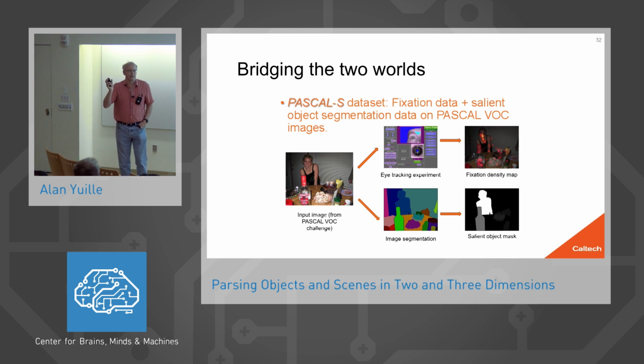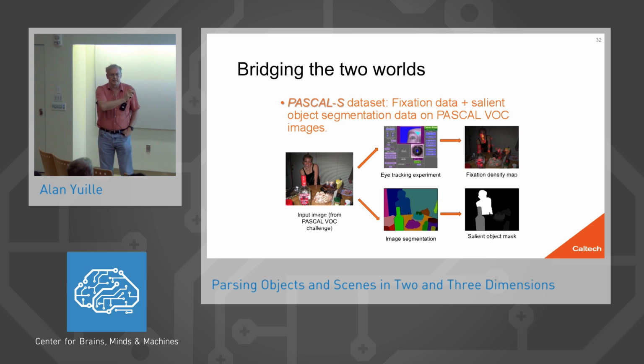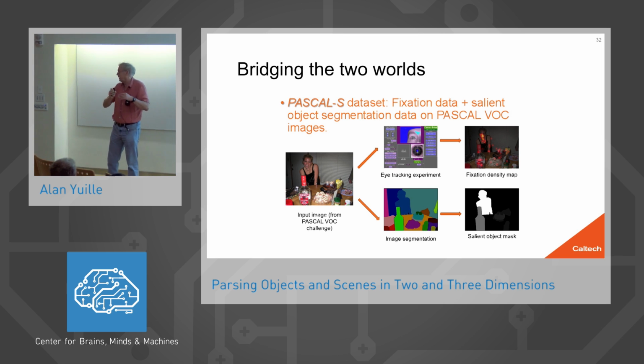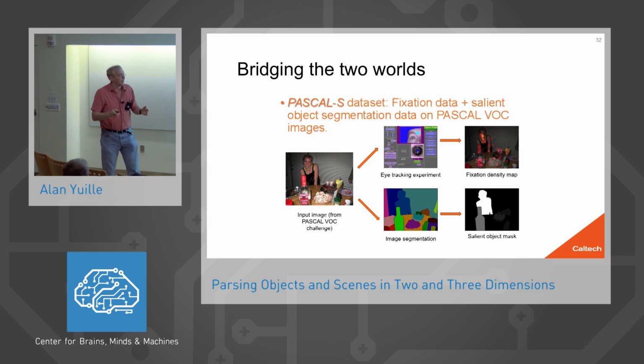Compared to things like PASCAL, it was a fairly easy data set. Many of the images would consist of an object and a fairly clear background. To parody it, you'd have myself here and the background like this. That's okay, but it's not really representative of the complexity of things.